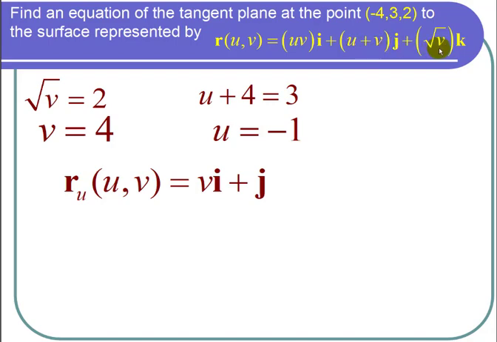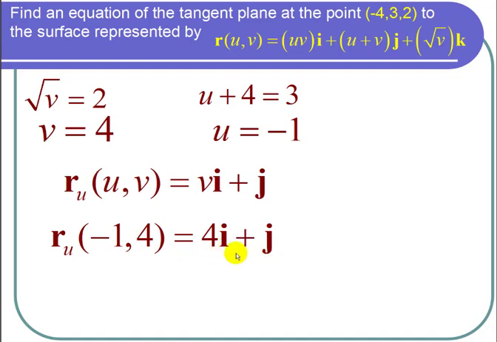And the partial derivative with respect to u of the square root of v is 0. So I get that r sub u is equal to v i plus j. Now I have that u is -1 and v is 4, so I plug in, and I get the partial derivative with respect to u of r at (-1, 4) is equal to 4i plus j.